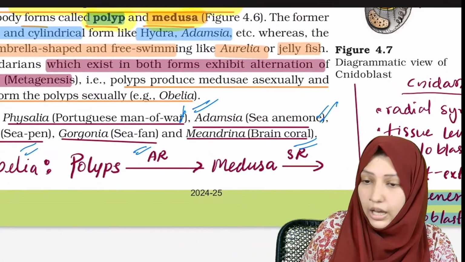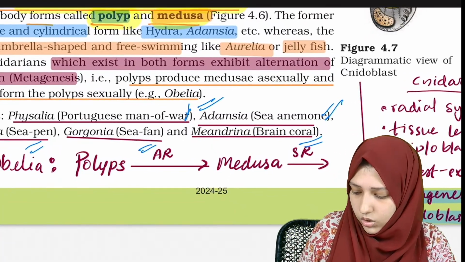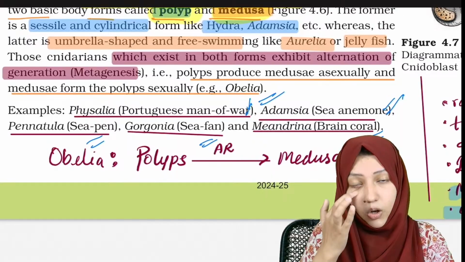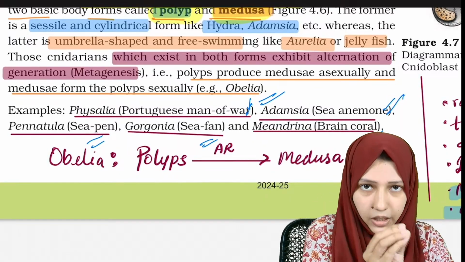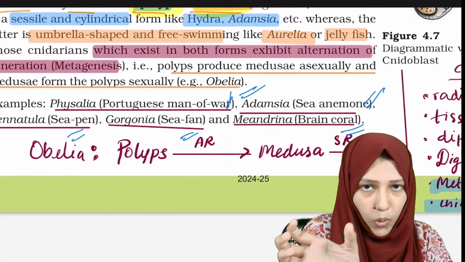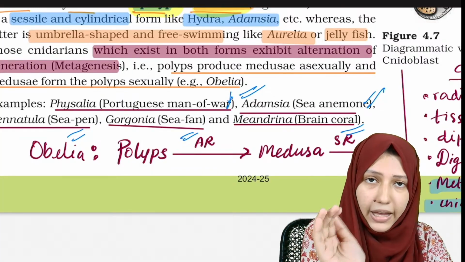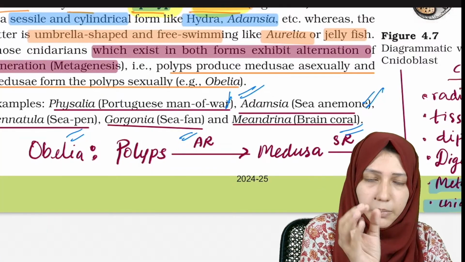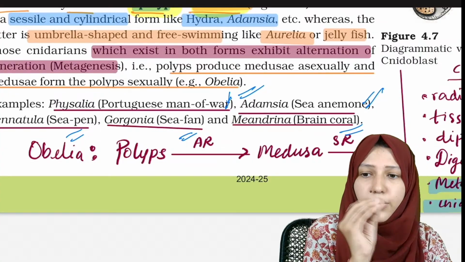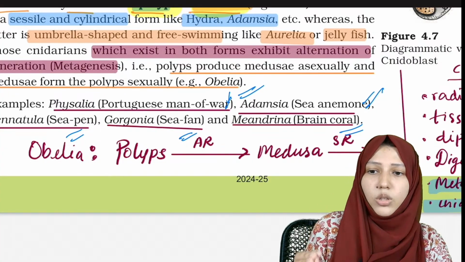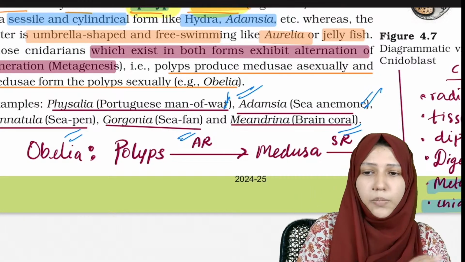And just see this. Obelia is an organism which shows a peculiarity, which is that it will be polyp initially, and it undergoes asexual reproduction. Polyp undergoes asexual reproduction to form medusa, and medusa undergoes sexual reproduction to form polyp. Clear?